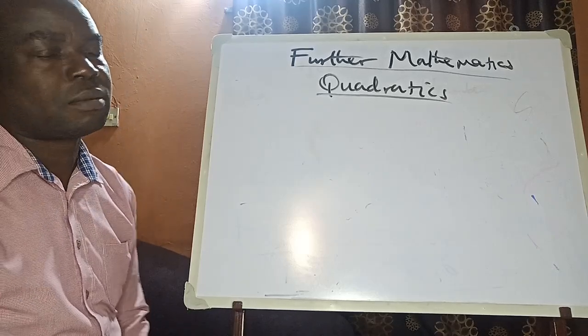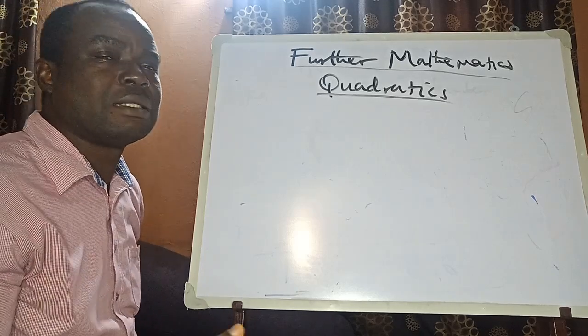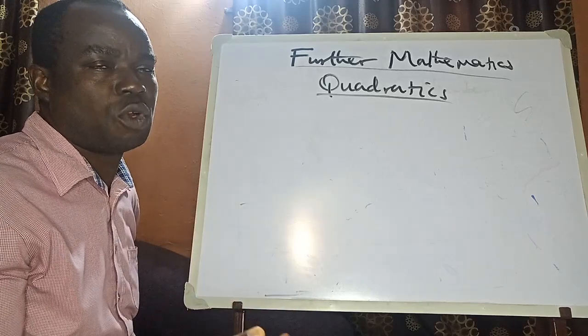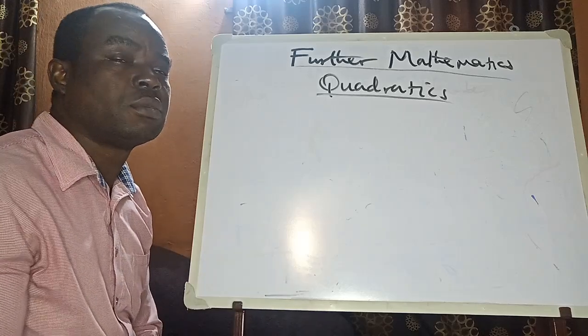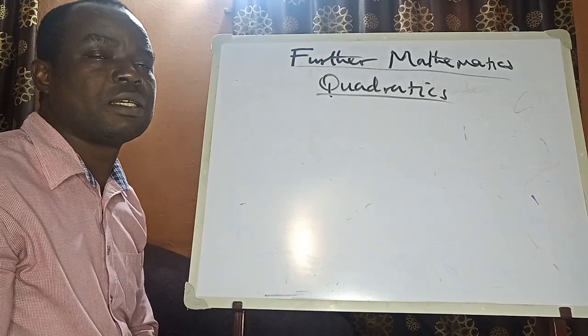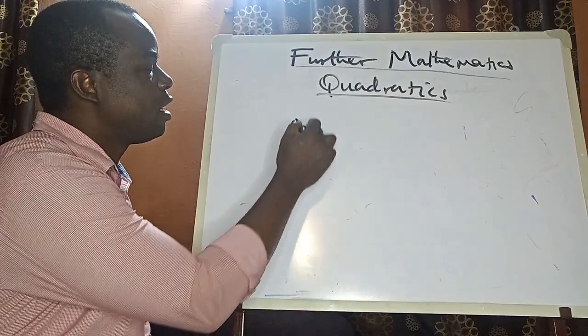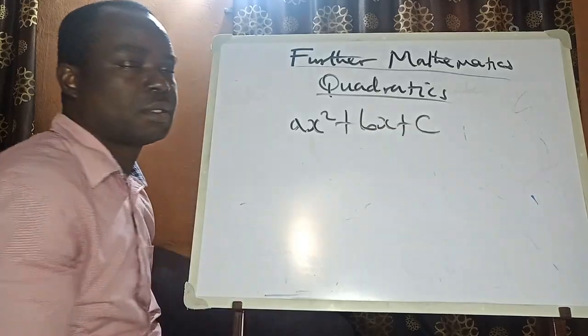Now, let us start. You know quite well that you've done quadratics, or you must have heard about quadratics. The general form of a quadratic expression is ax squared plus bx plus c.